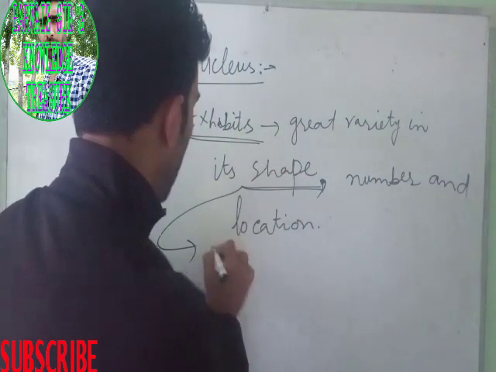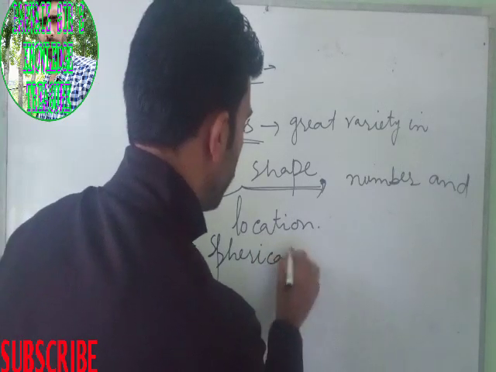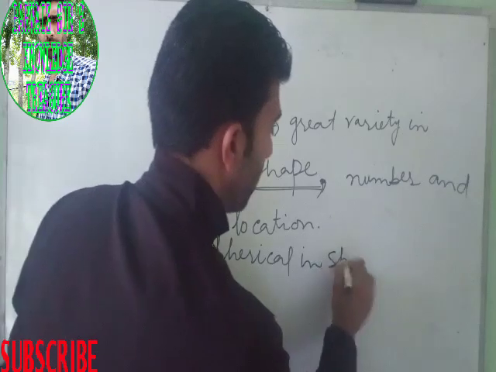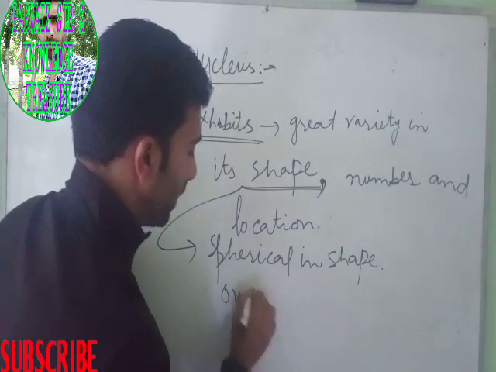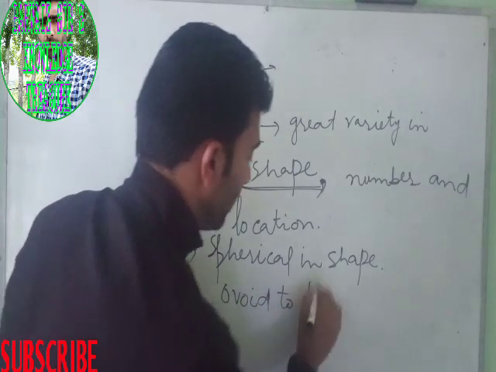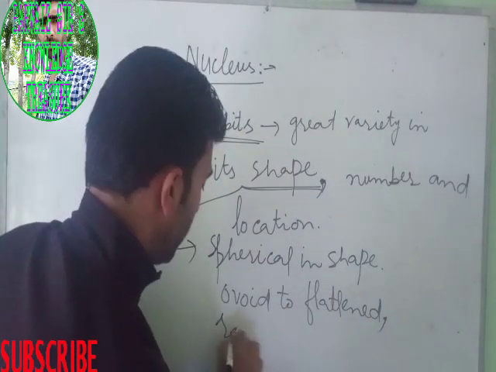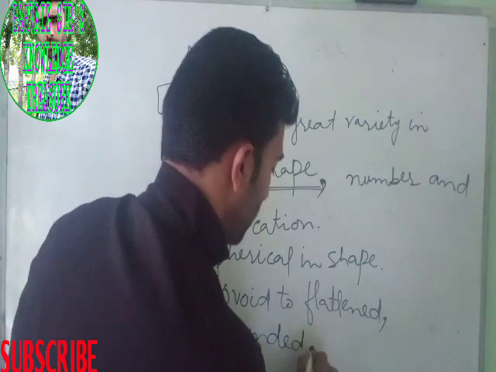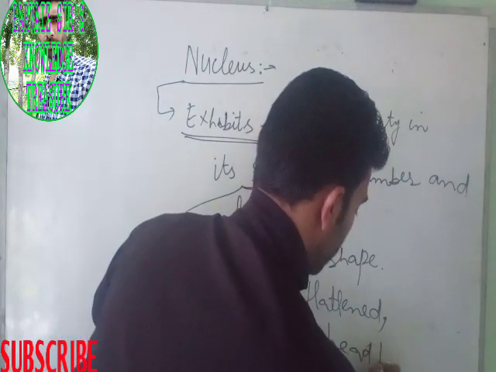So its shape is mostly spherical, mostly ovoid, in some cases ovoid to flattened, in some cases rounded, in some cases bead shaped, etc.